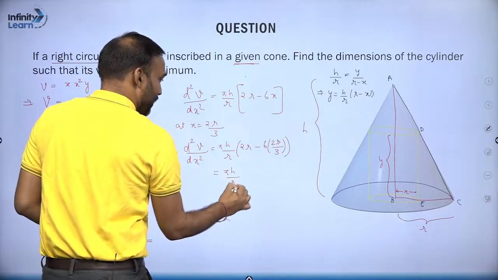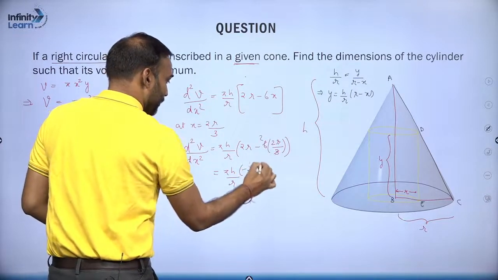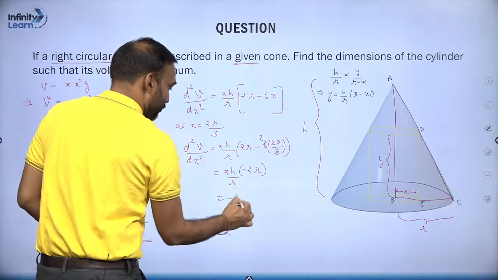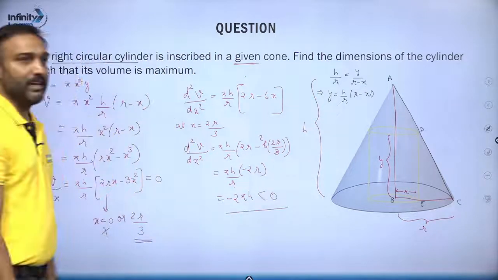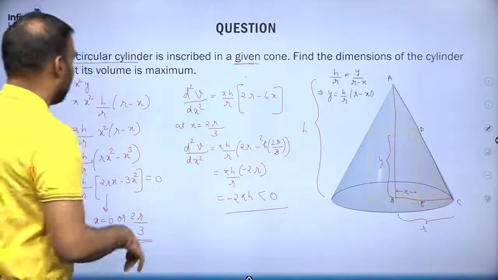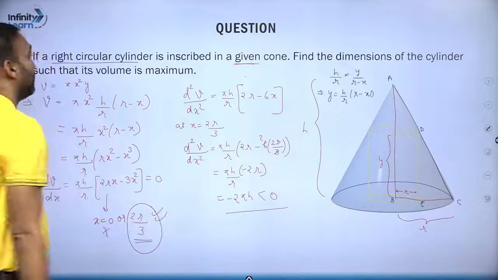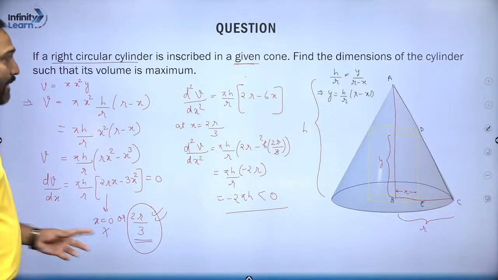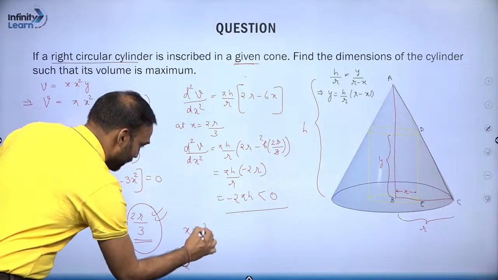Pi h by r, this is 2r, so I have minus 2r. So it becomes minus 2 pi h. See, d2V by dx square is negative, and if the double derivative is negative, I know there has to be a maxima. So we'll have a maximum value for x is equal to 2r by 3, and we need to find out the dimension of the cylinder. So x is the radius, so the radius is 2r by 3.